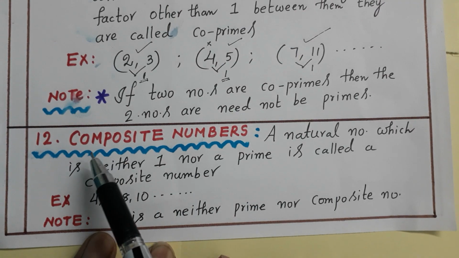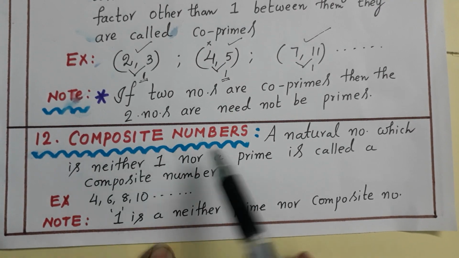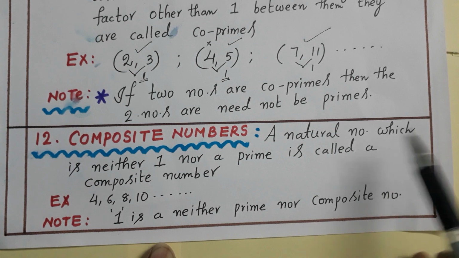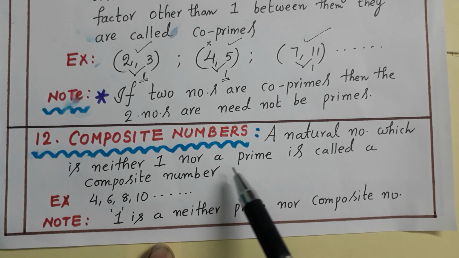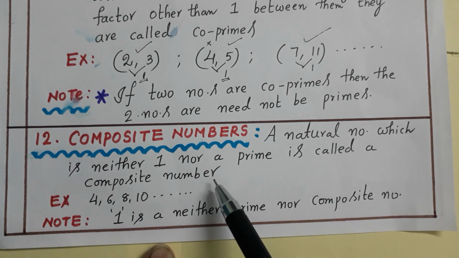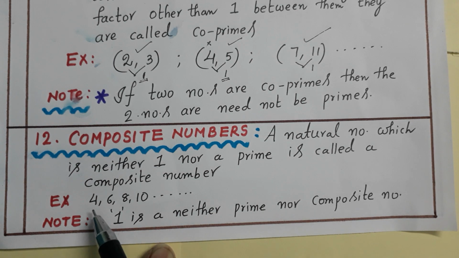Next, today the last topic, composite numbers. A natural number which is neither 1 nor a prime is called a composite number. That means, for example, 4, 6, 8, 10. These are all said to be composite numbers, which are not prime and also not equal to 1. Those are said to be composite numbers.